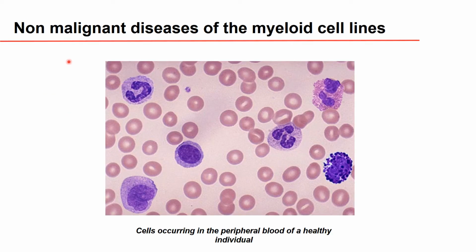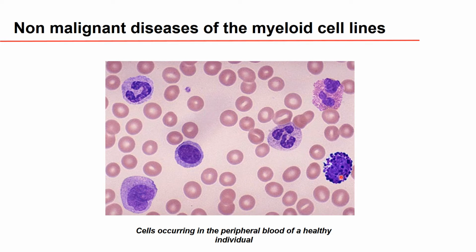Now, if you look at, for example, the peripheral smear, the cells that you can see in the picture can be found in a normal, healthy individual's peripheral smear. For example, we see here leukocytes, a monocyte, a segmented neutrophil or a neutrophil band, an eosinophil, and a basophil.